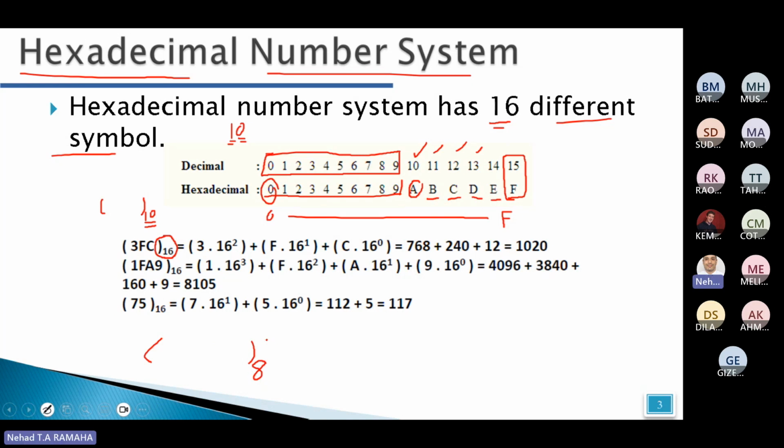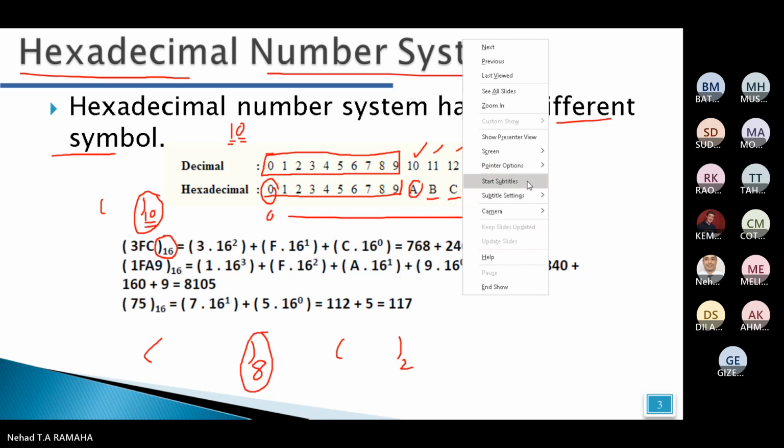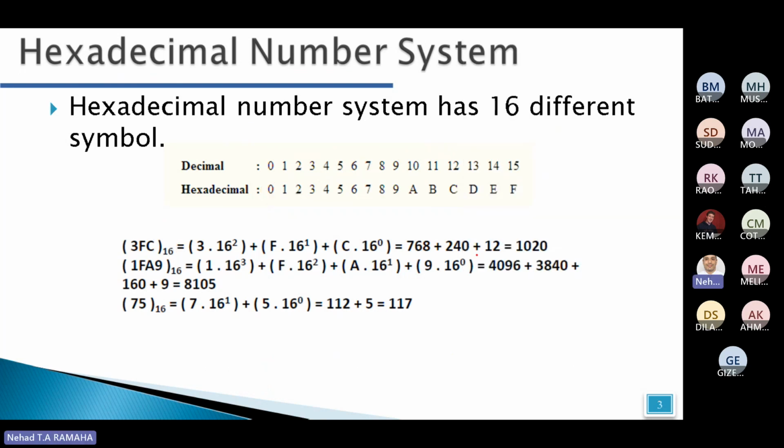You have to know what system each notation means: this is octal, this is hexadecimal, this is decimal, and so on. And if we put 2 like this, it's the binary system.